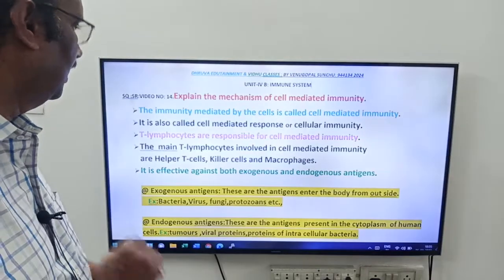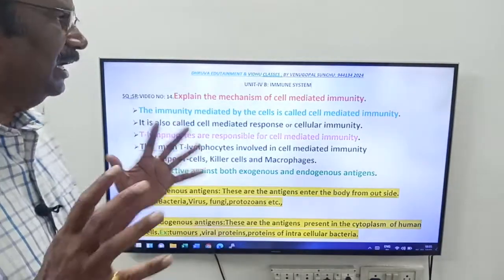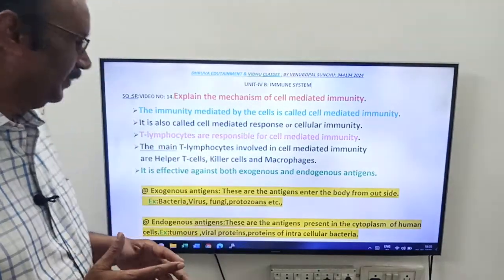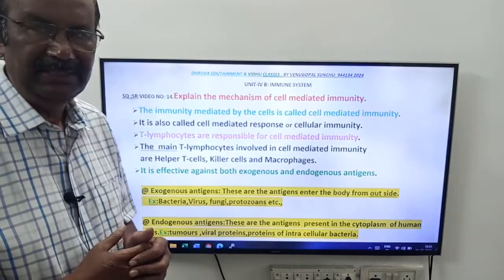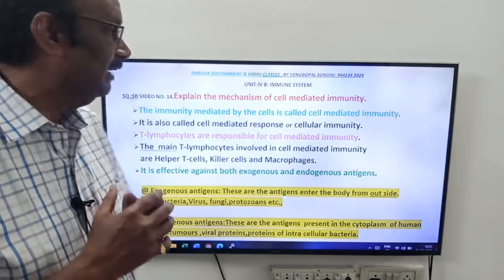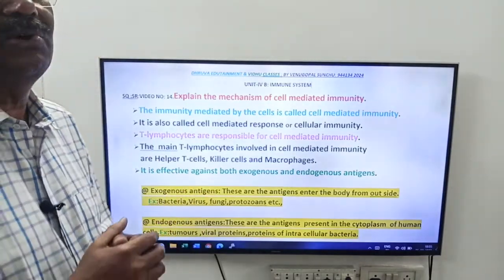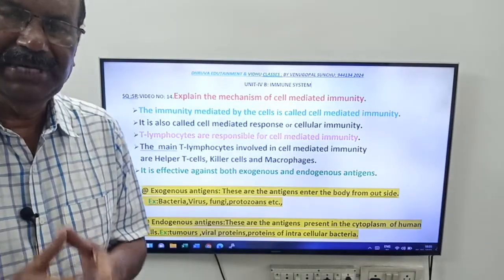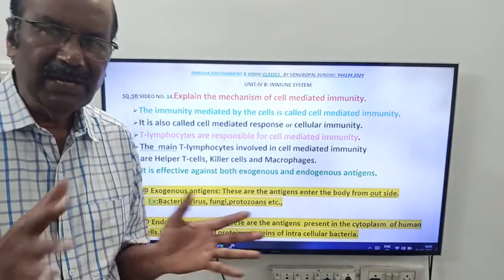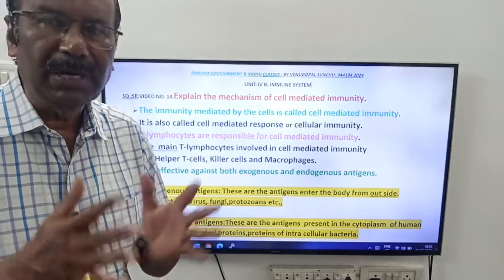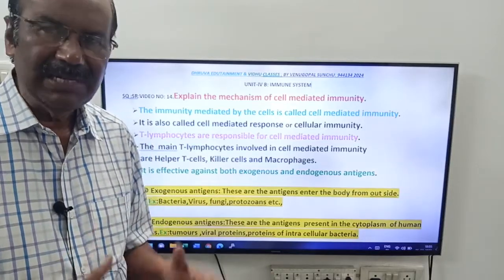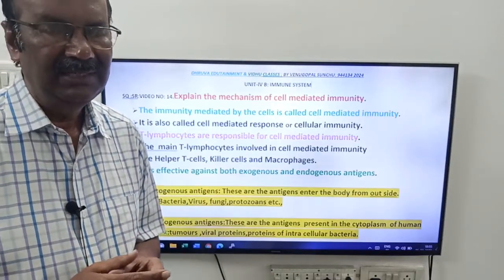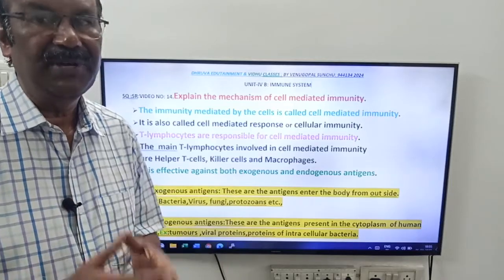Now, what is cell mediated immunity, friends? The immunity mediated by the cells is called cell mediated immunity. Here the immunity is mediated, and who are the mediators, friends? The cells are the mediators for immunity.